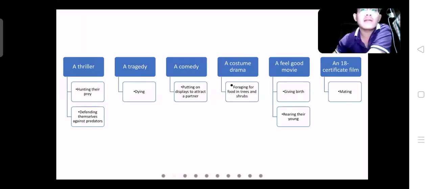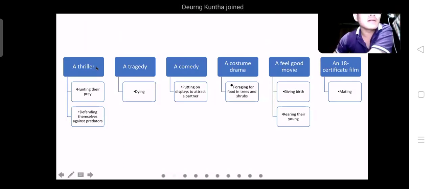And all these films are compared to examples from the natural history works that we picked from our readings.